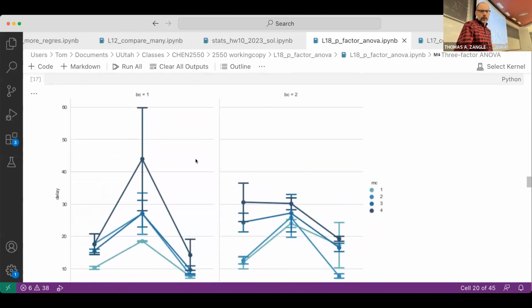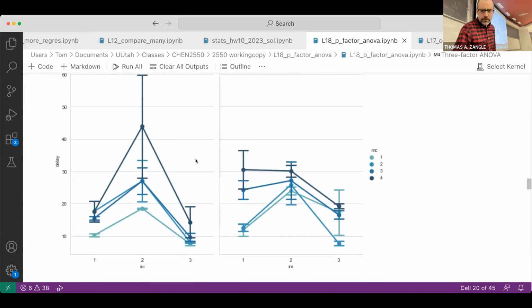Here we have our interaction plots. So for example, looking at initiator type 1, 2, or 3 on the bottom, and the delay time is plotted on the y-axis. We can see that these curves are not entirely parallel with one another, indicating that there may be some interactions.